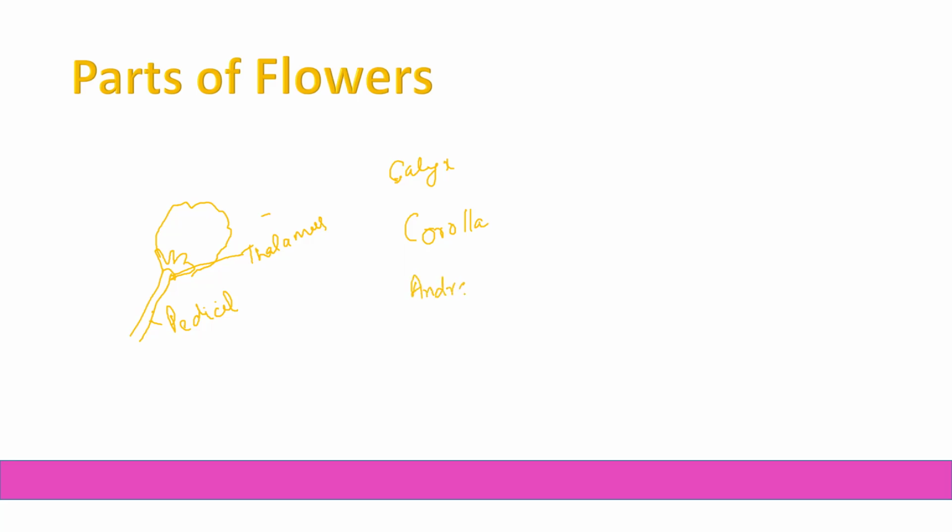Then we have androecium, the male reproductive part of the flower. We'll look at the details in the next slide. And the next one is gynoecium. So these are the main parts of the flower.